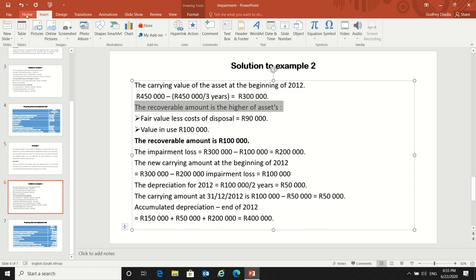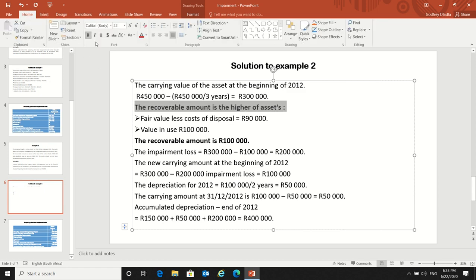The impairment test says take the highest of the two. The highest between 90 and 100 is 100, which is this amount here. So we are showing the asset at 300,000, but you are not going to recover that. The highest you can recover is 100. So the asset is impaired. Then your impairment loss is 300,000 minus 100,000.